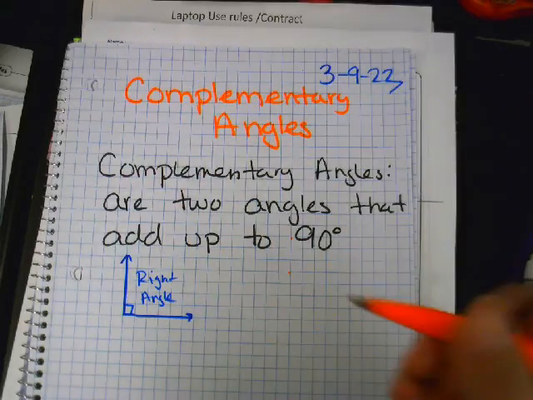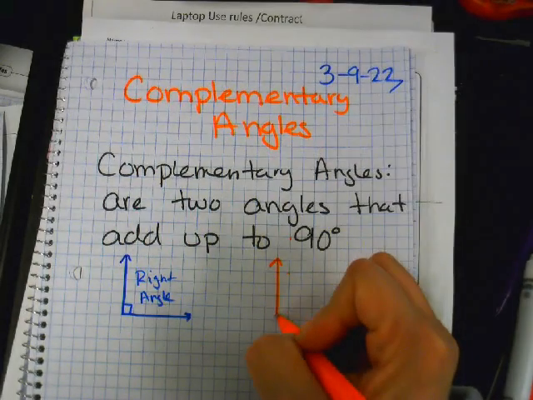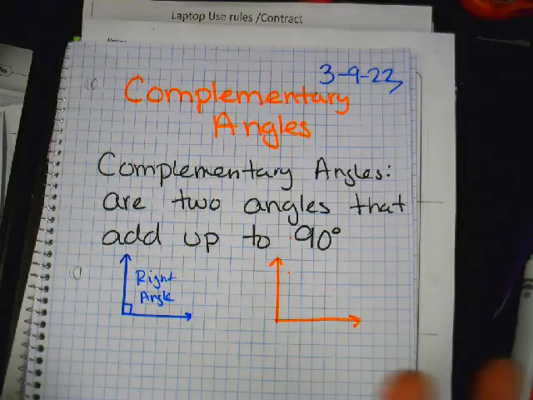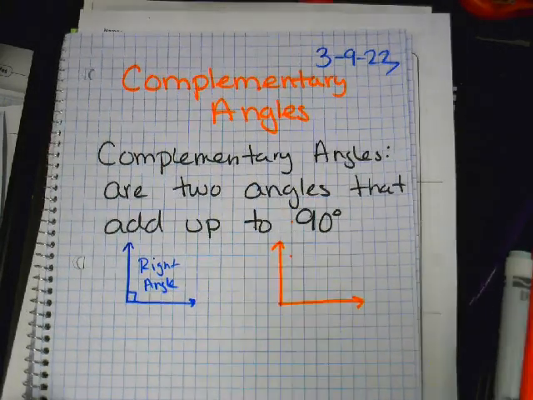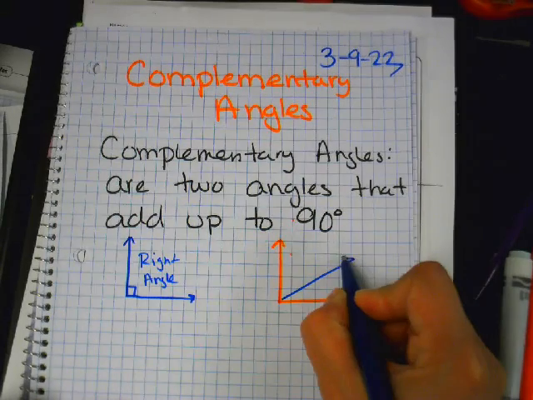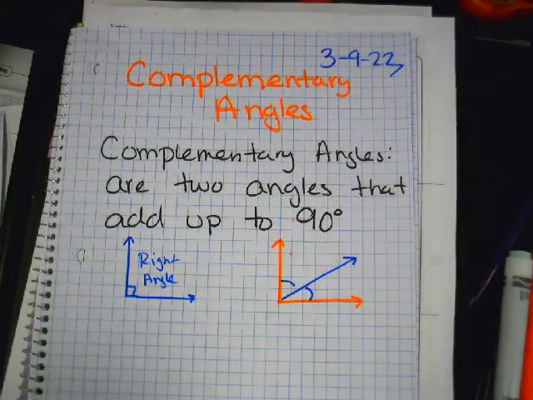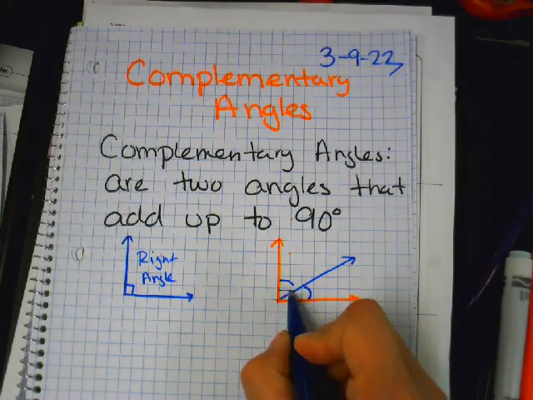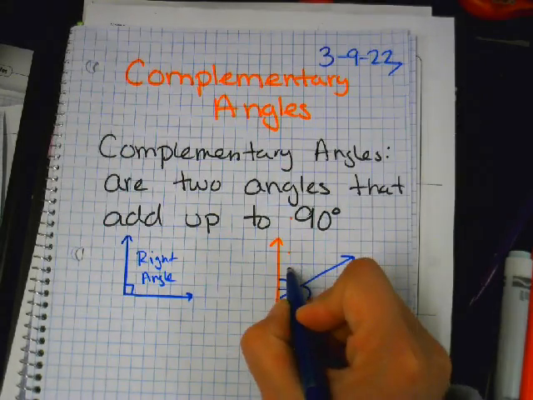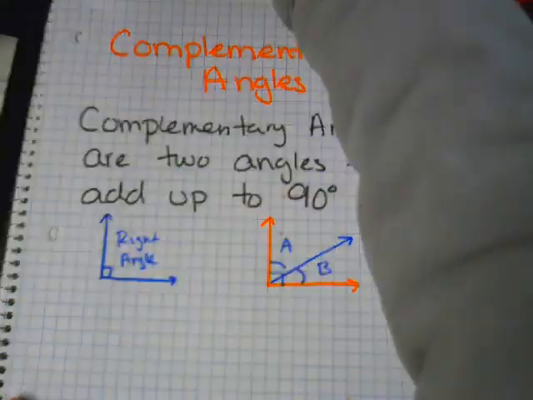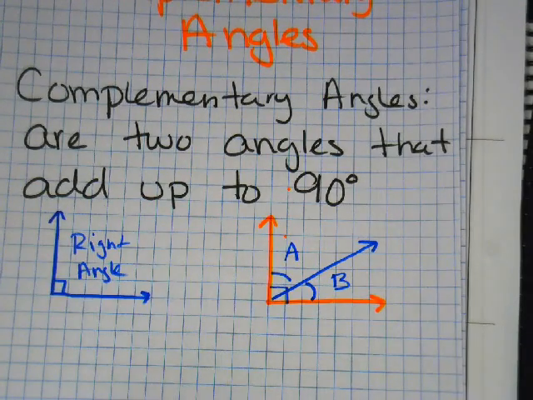So here is my 90 degrees, but instead of being one angle, it's actually divided into two angles. So this angle and this angle together make 90 degrees. I'm going to call this angle A, and this one's angle B. So the definition says two angles that add up to 90 degrees.